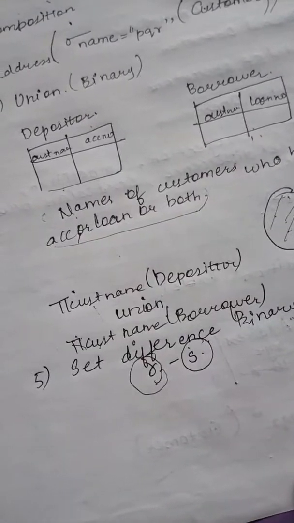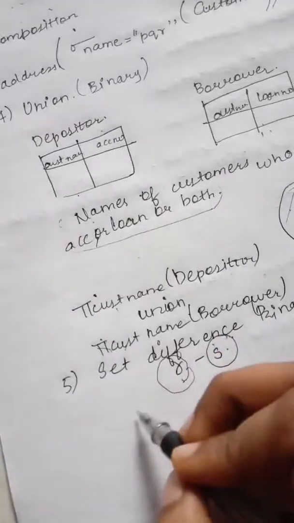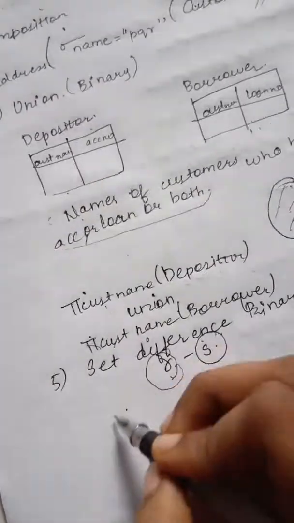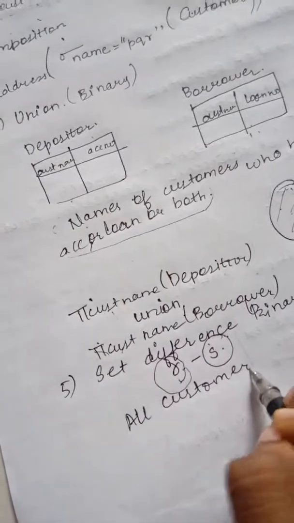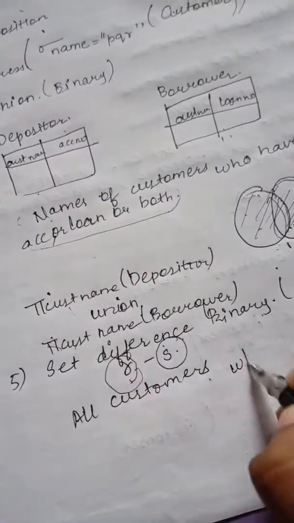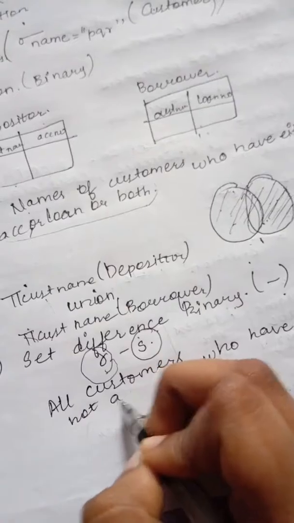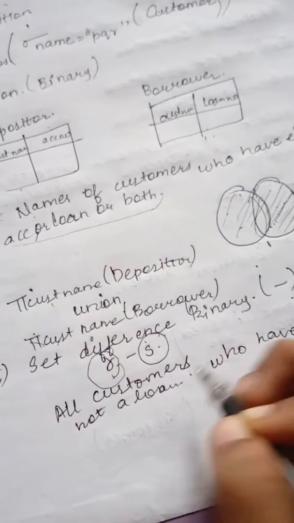Okay. So suppose I want to find all the customers who have an account but not a loan.